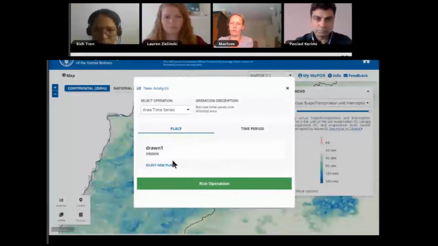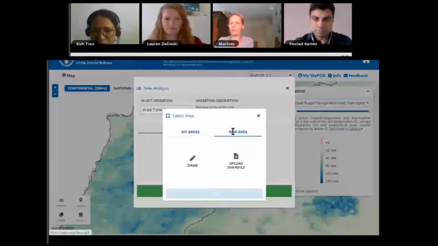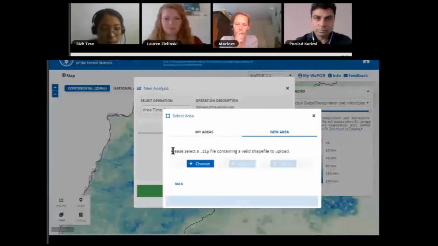If you have a shapefile of your area, you can choose Uploading a shapefile. Let's try that by select a new area. Here we need a zip file that contains a valid shapefile.